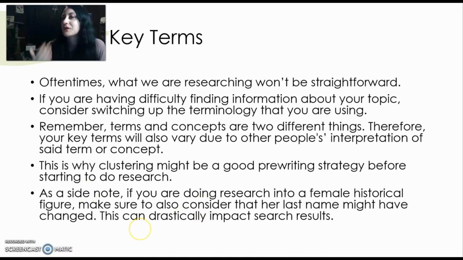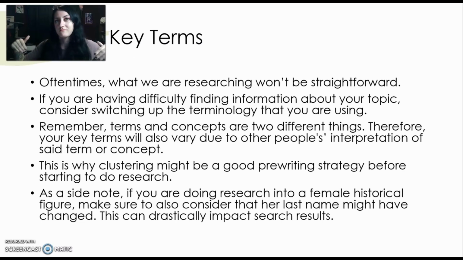And just as a side note, I don't know where to put this, so I'm just going to shoehorn it in right now. If you're doing any research on a female historical figure, especially if she's from, I'd say, the 1500s, 1600s, 1700s, sometimes 1800s, consider finding out her maiden name, because there are a lot of instances where women will, because people don't live that long, get remarried and maybe they write something when they are married to one guy and they write something else when they're married to another guy, what have you.